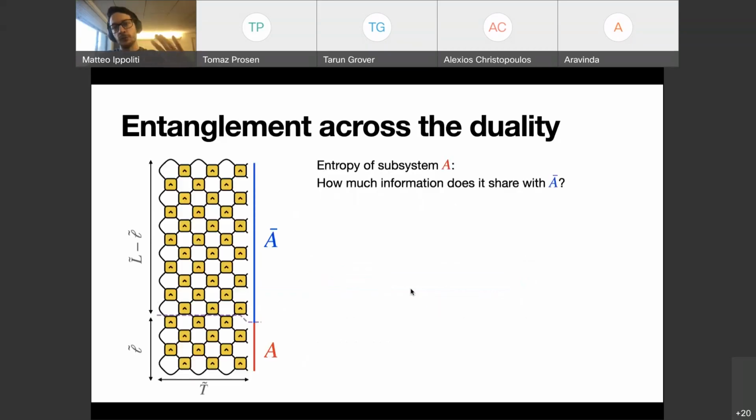And so I'm going to show a bit of a derivation of how we connect these two entanglement quantities across the duality. The quantity that I aim to compute is the entanglement of a pure wave function that exists at this time-like boundary of a quantum circuit. So we have a brickwork circuit made out of unitary gates whose unitary direction is signaled by the direction of this little arrow here.